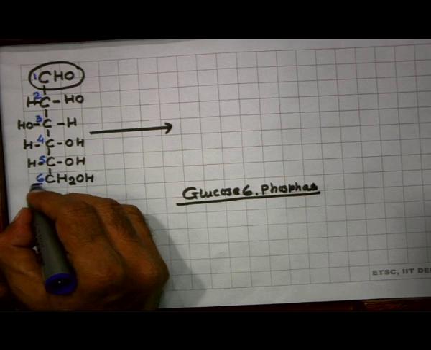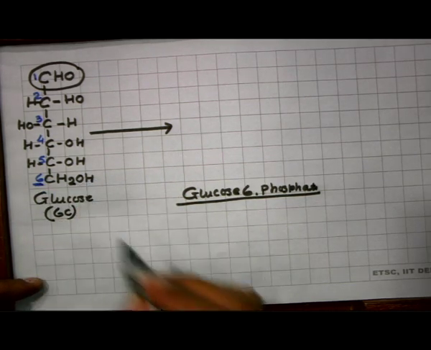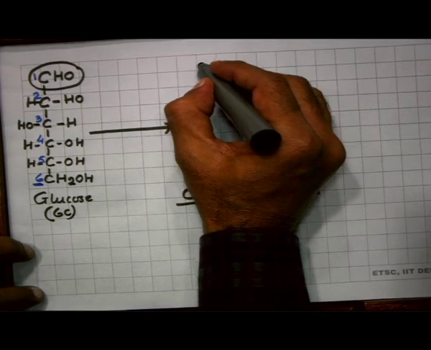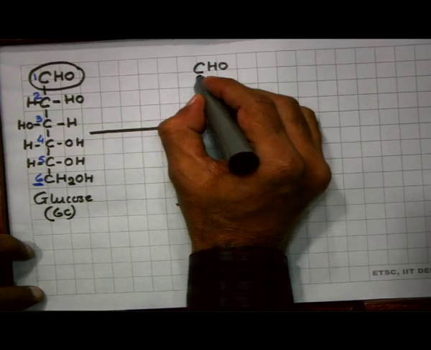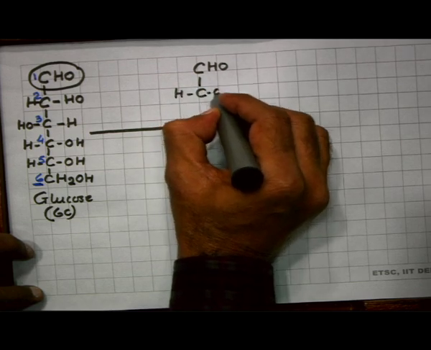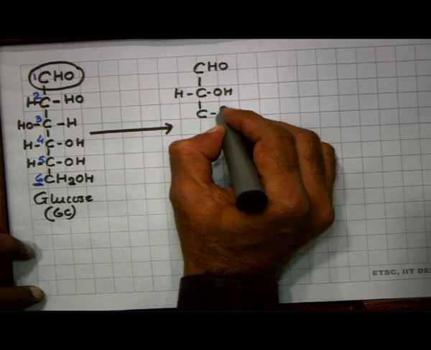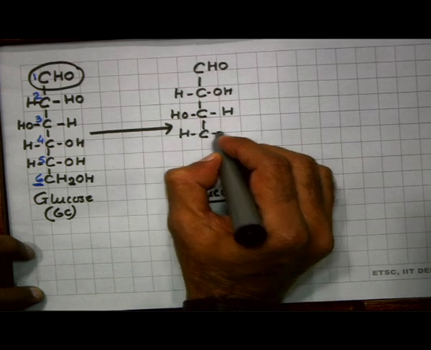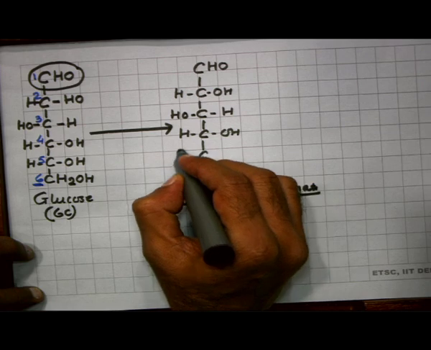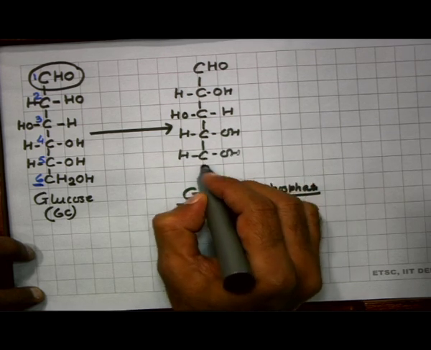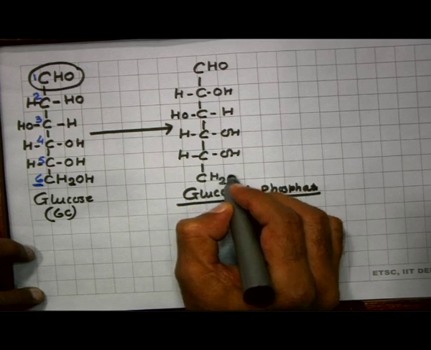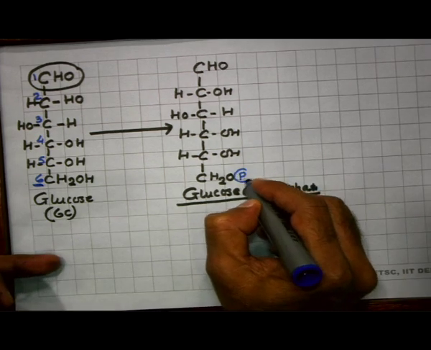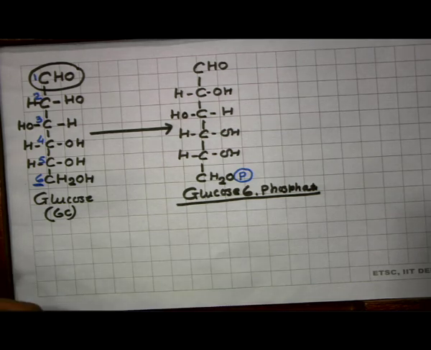At the 6th carbon, instead of H, there is a phosphate group. So, we write CHO, HOH as second, H at third, HOH in fourth, HOH in fifth, and in sixth there is the change, CH2OP, the phosphate group. So, this is the structure of glucose 6 phosphate.